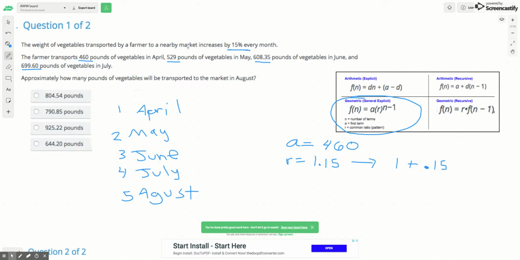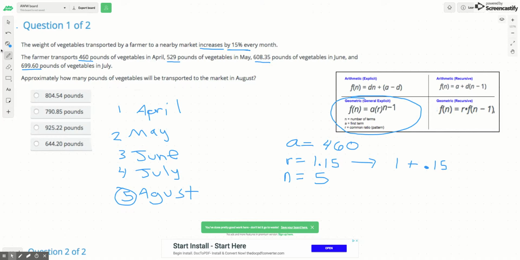If you see the word increase, you're going to add. If it's decrease, you're going to subtract. And then n is how many terms I have. So how many months am I talking about here? They talk about April, May, June. They talk about 5 months.